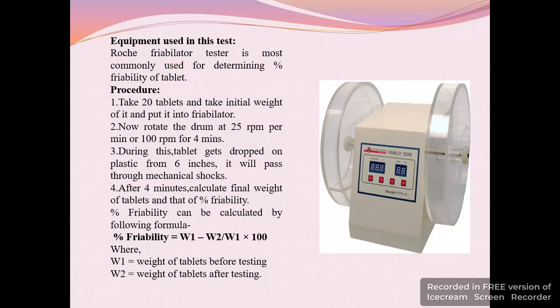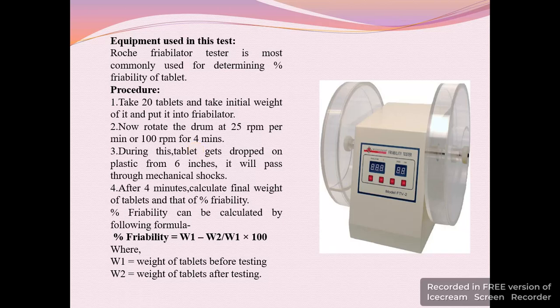The simple procedure is that first of all, you will have to take 20 tablets, take their initial weight and then put them into the Friabilator. Then you will have to rotate the drum at 25 revolutions per minute, or 100 revolutions in 4 minutes.